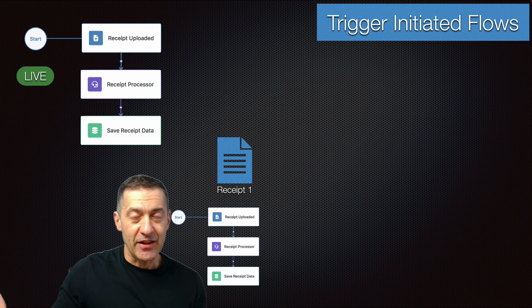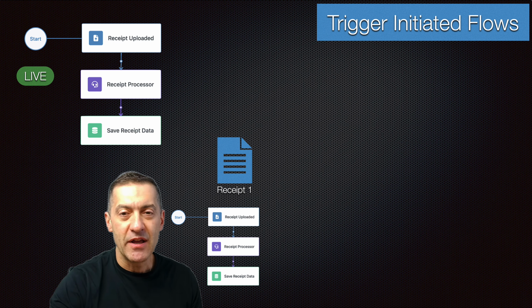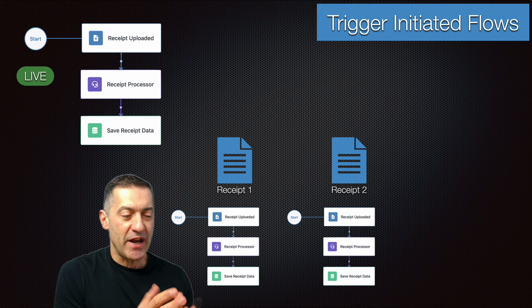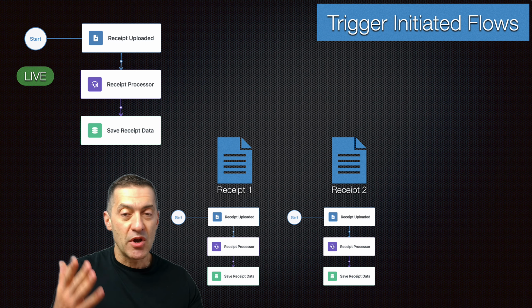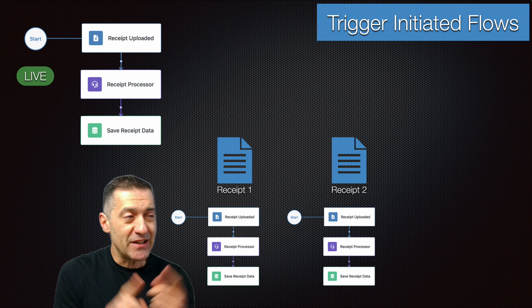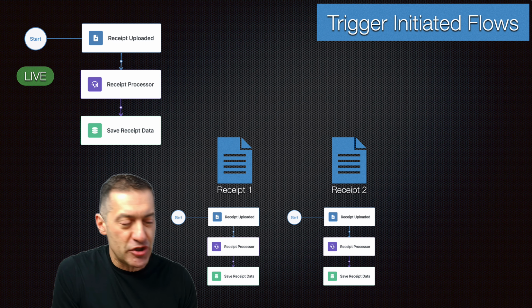If another file is uploaded in parallel, or a little bit later, whenever, then another instance of that flow will be created. You could have multiple instances running in parallel. They do not cross over. If you need them to cross over, we'll get to this. There is a way where they can exchange data, but let's keep it simple for now.